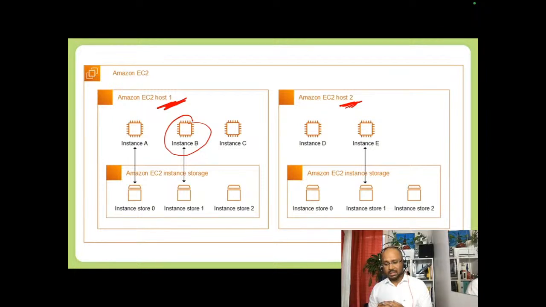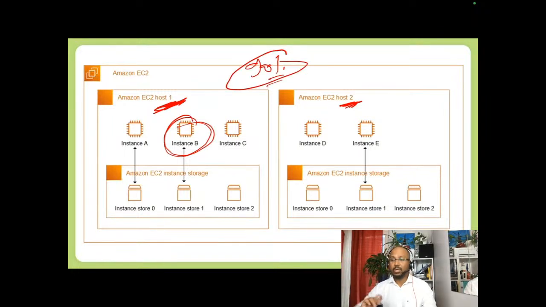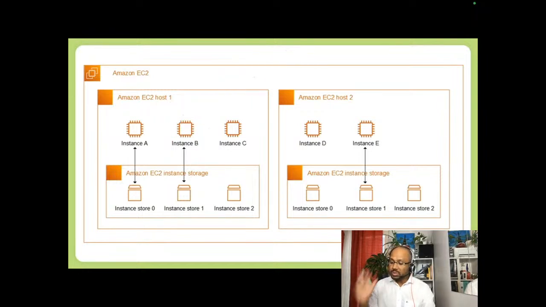If for some reason you need your EC2 instance to stay on the same host, there is another option: a dedicated instance or dedicated host. But 99% of the time in the industry, we don't go for the dedicated host or dedicated instance, because that is costlier and designed for a specific use case. So your instance will go on any host and it will keep changing.